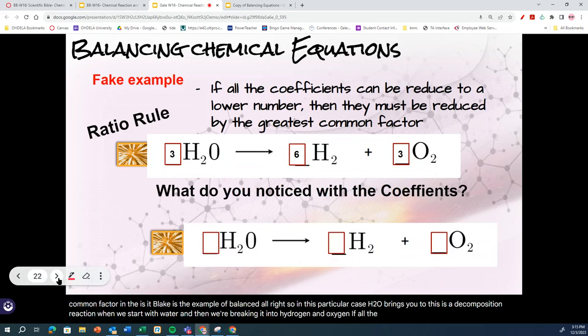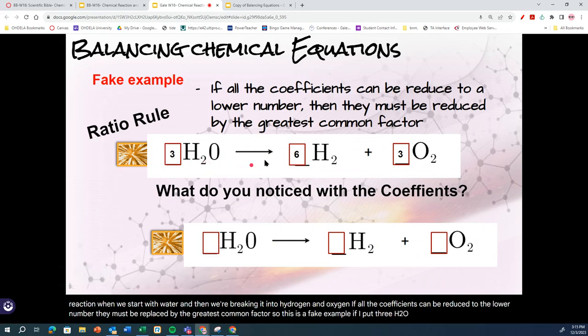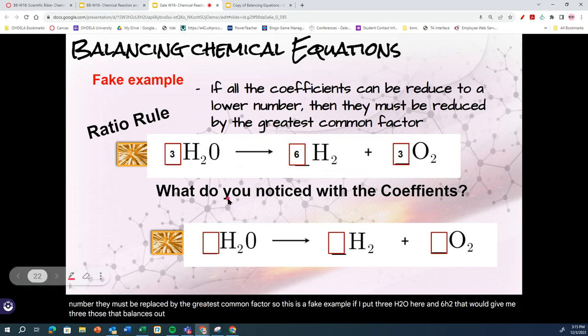If all the coefficients can be reduced to a lower number, they must be replaced by the greatest common factor. So this is a fake example. If I put 3 H2O here and 6 H2, that would give me 3. That balances out, but we're going to divide and get the right coefficients here.